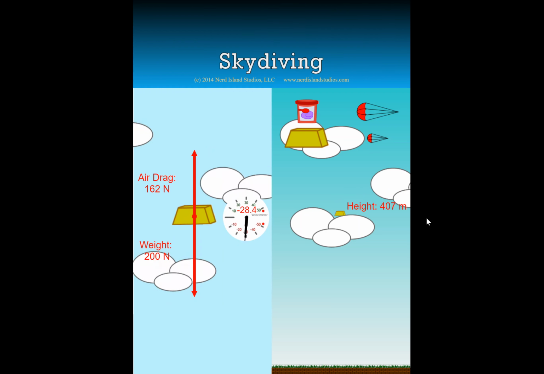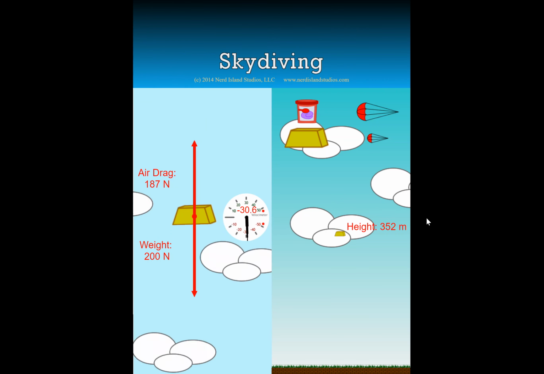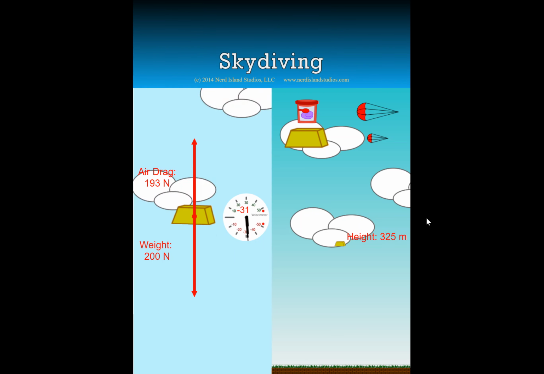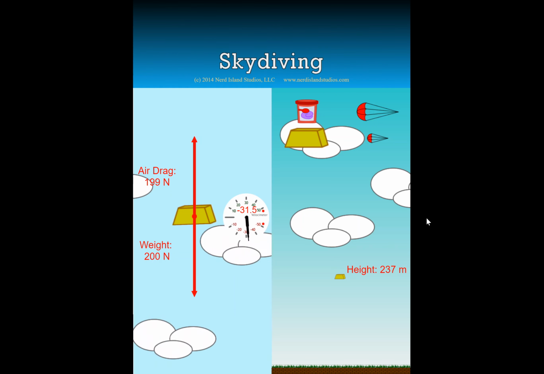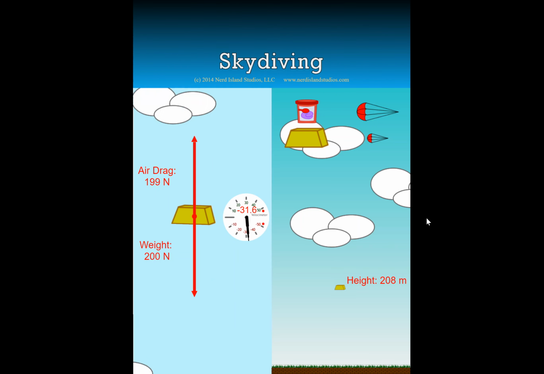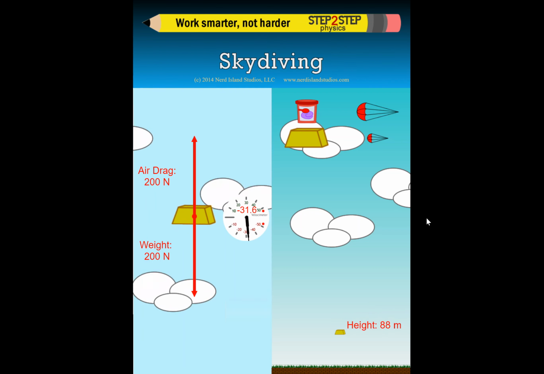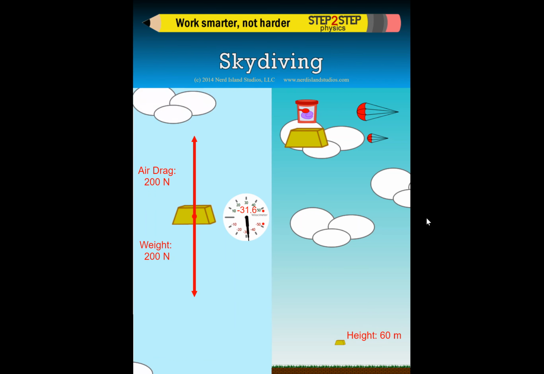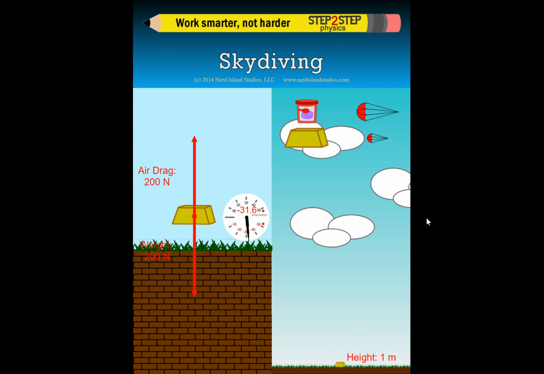Now at a certain point in time, that air drag will reach its maximum possible value in this context, which is equal to the weight of the object. And now, oh, not quite, now we've reached terminal velocity. So the object has stopped accelerating. Once the air drag becomes equal to the weight, the object is now traveling at a constant velocity until it hits the ground.